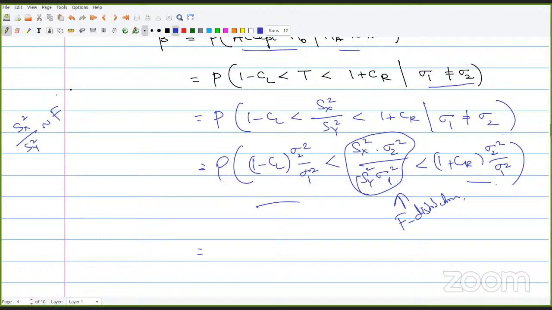So now we have Sx square by Sy square, but that doesn't follow F distribution. In order to convert to F distribution, we multiply by sigma 2 square by sigma 1 square. At the beginning we discussed that it is the ratio which follows F distribution, if and only if sigma 1 is equal to sigma 2. That point you missed, I guess. Okay.